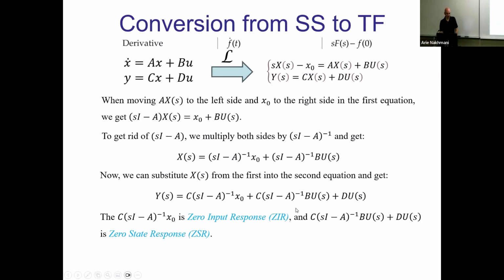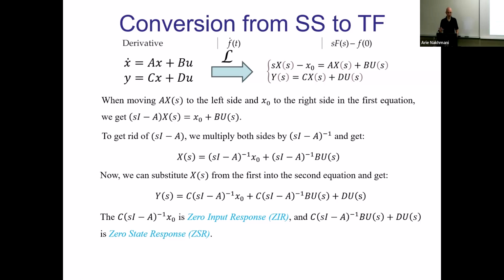But you also have different names for different parts of that equation. It's important to remember that sometimes we use that terminology: zero input response, which means if u equals 0, this will be your response. This is the zero input response, ZIR. And if u is not equal to 0, but x0 equals 0, this is the zero state response, ZSR.